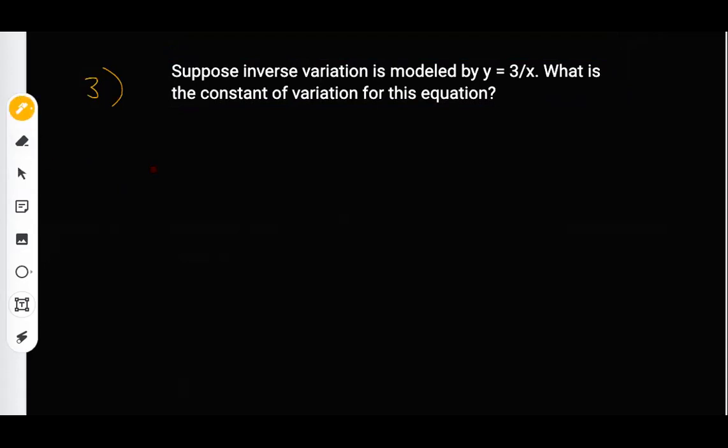So whenever I do inverse variation, I write out my formula first, y equals k over x. And it's telling me that this inverse variation is modeled by y equals 3 over x. And then it asks me, what is the constant of variation? Which is just k, right? So in this problem, I have 3 on top.